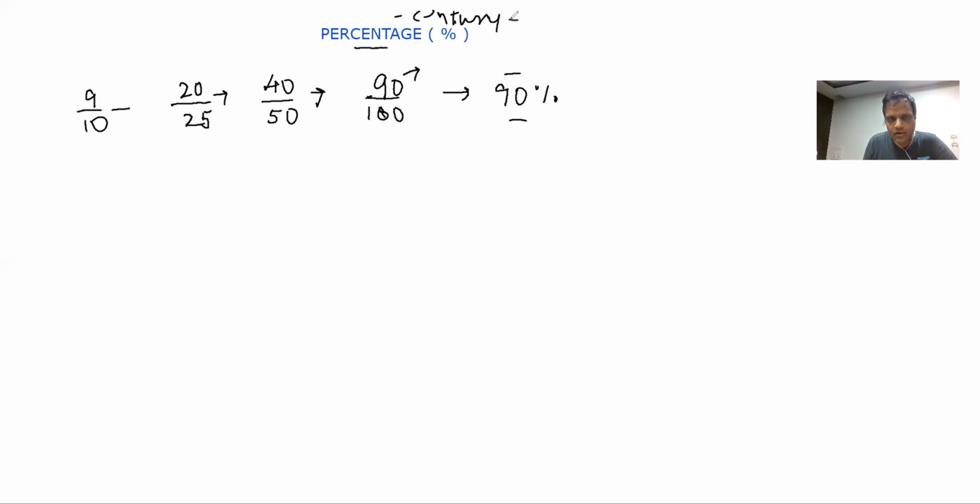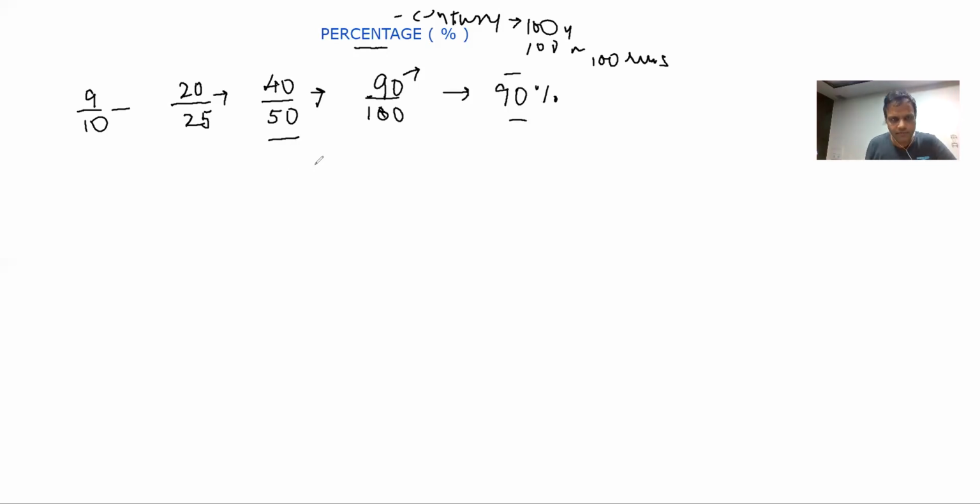And century is what? Either 100 years, or it can be 100 marks, or it can be 100 runs. It can be anything. But century means 100. So which means that if I have to calculate percentage, then I have to bring the denominator to 100.